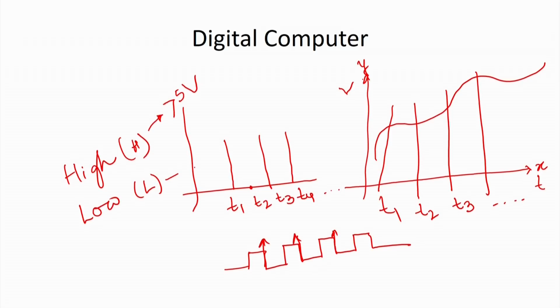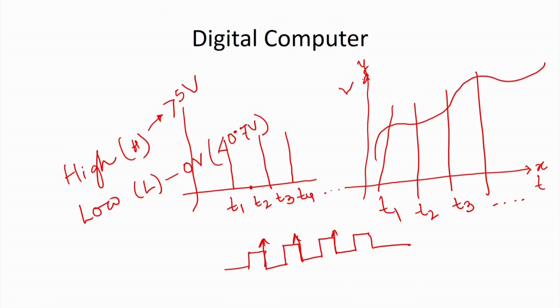And low means basically 0 volt or a very low voltage, less than say 0.7 volt. If the voltage level falls below this particular level, generally we say this is a low signal, and when the voltage level goes above some certain value, we say this is a high level.